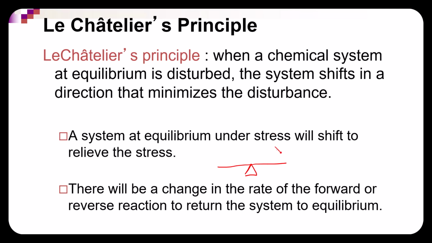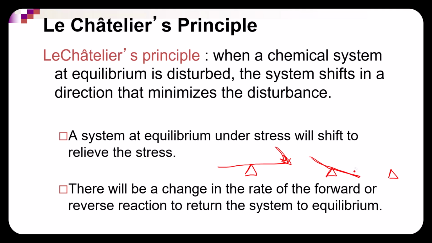There's going to be a stress to some side of our level. So if there's a stress, let's say to the product side, our balance will then look like this. It's pushing down or weighing down on the product side. What we are going to talk about is when this system is under stress, when this balance is not level, when it's tilting one way or the other, which way are we going to have to push?